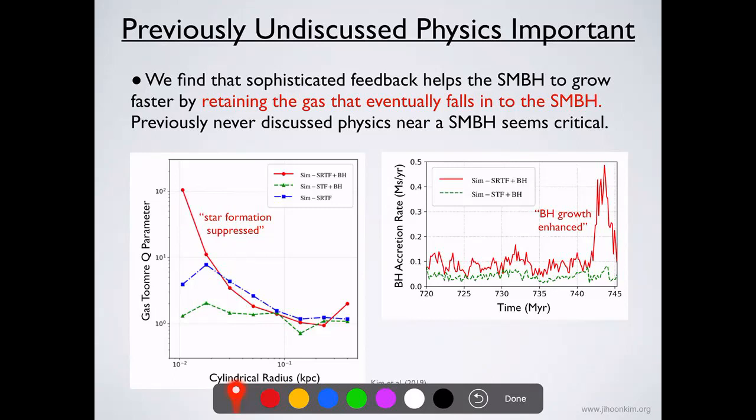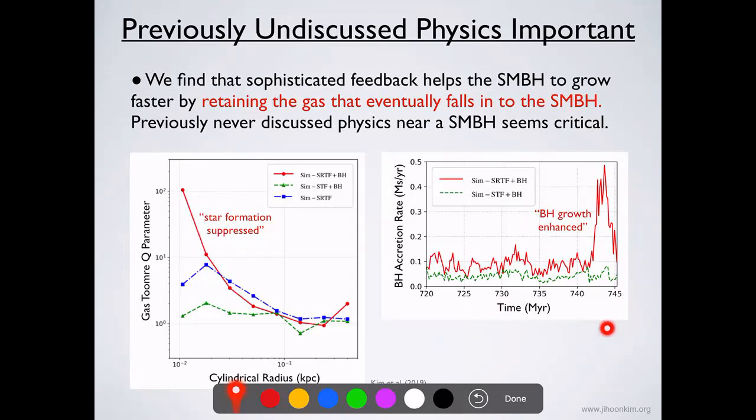And I said earlier that the star formation process is just a competing channel from the black hole's perspective. If the gas turns into stars, you lost the potential fuel for you to grow. So if the star formation is suppressed, the black hole growth is enhanced.